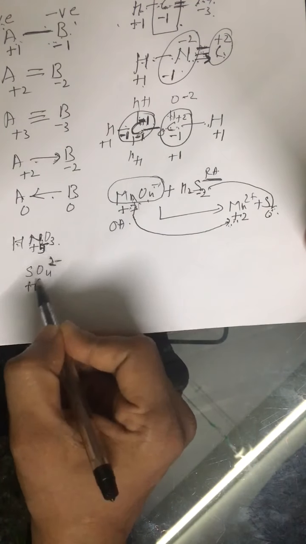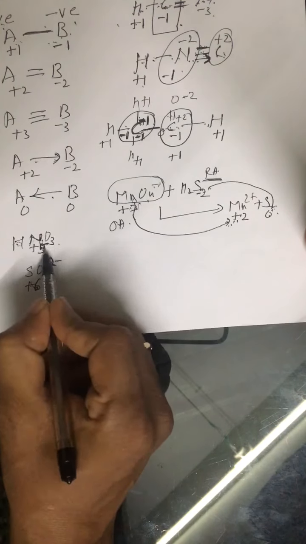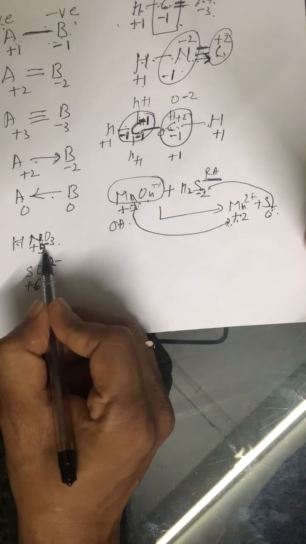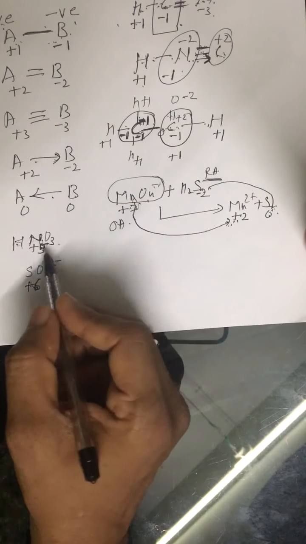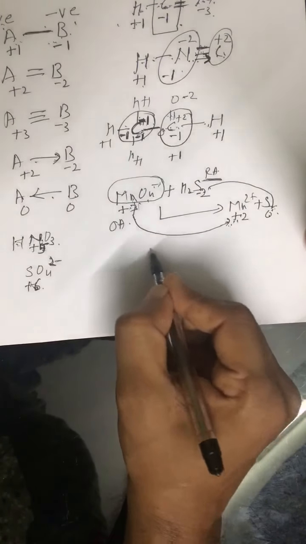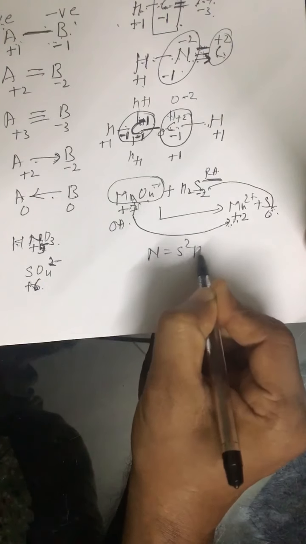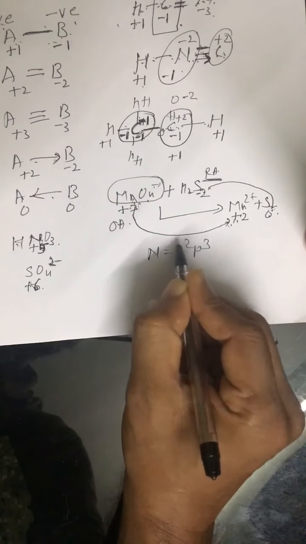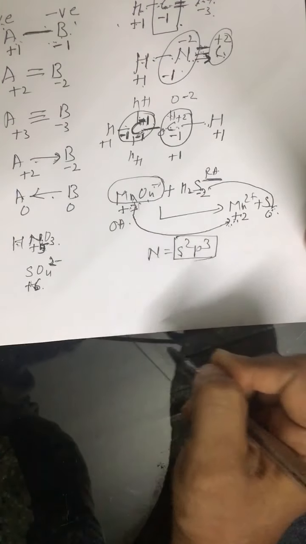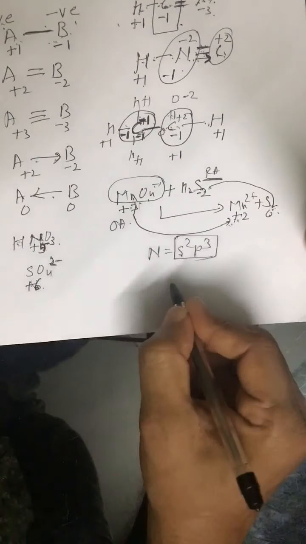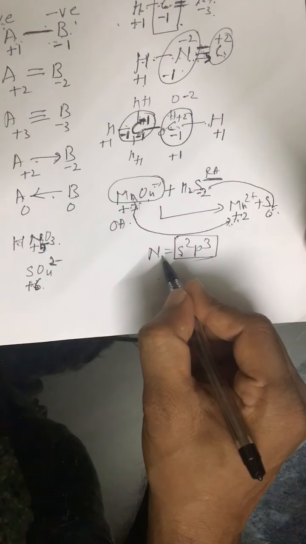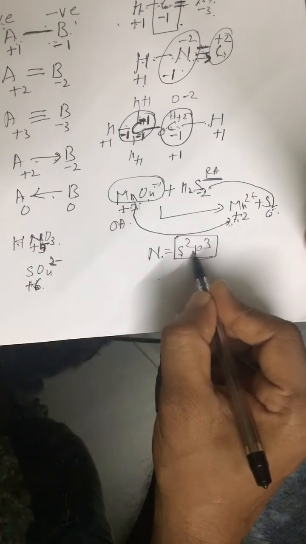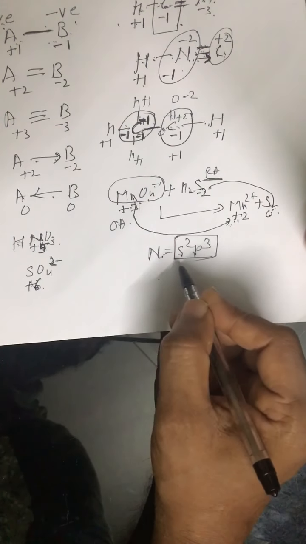So find out the oxidation state of the central atom. If this oxidation state is highest, it means it is equal to the valence electrons. What are the valence electrons of nitrogen? It is 2s2 2p3. So what is the highest possible oxidation state? +5. Now it is a different issue that nitrogen does not form compounds like NCl5 or NF5, due to absence of d subshell.